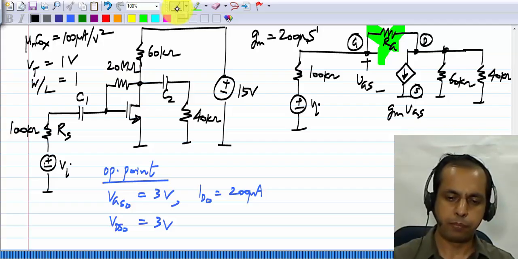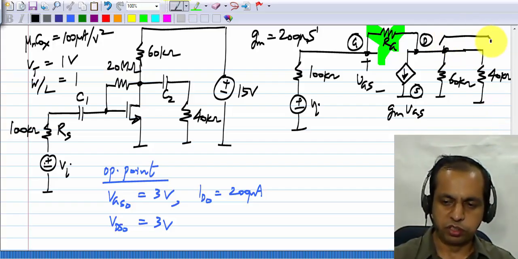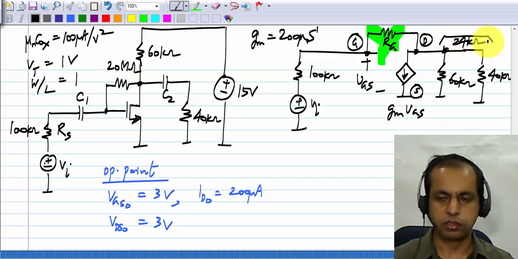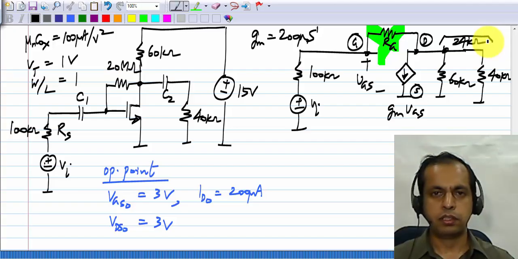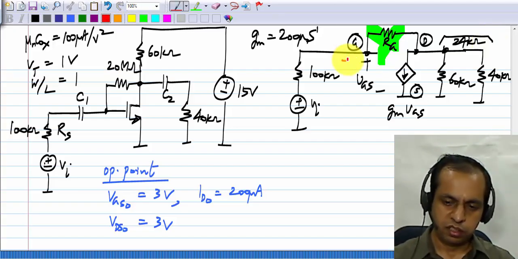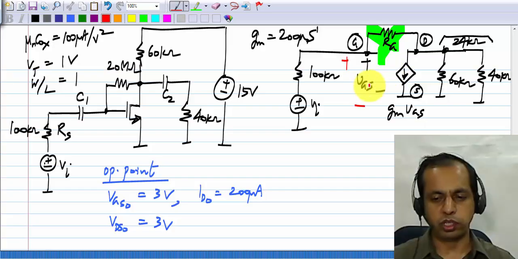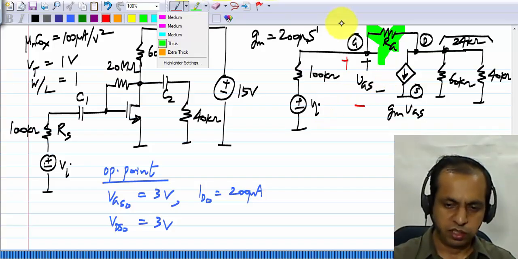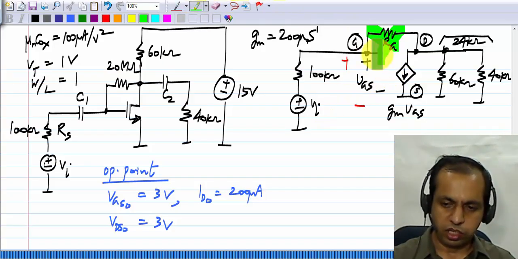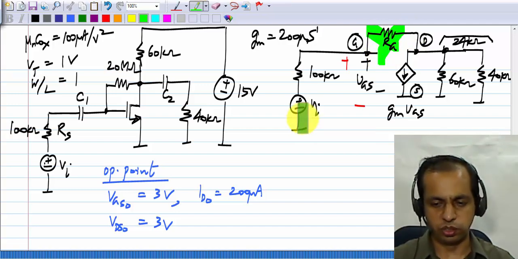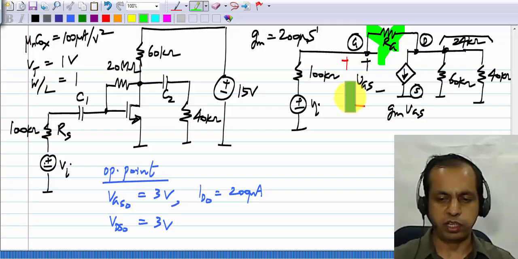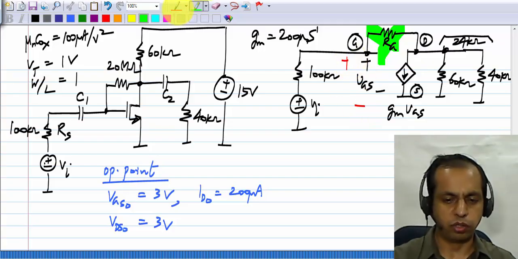Now the parallel combination of these two, 60 and 40 kilo ohms, is 24 kilo ohms. So from this we can see that the incremental gate source voltage is VI itself, because no current flows into the gate and RG is so large that no current flows into it either. So I assume that all of VI appears here just like it would in a common source amplifier.